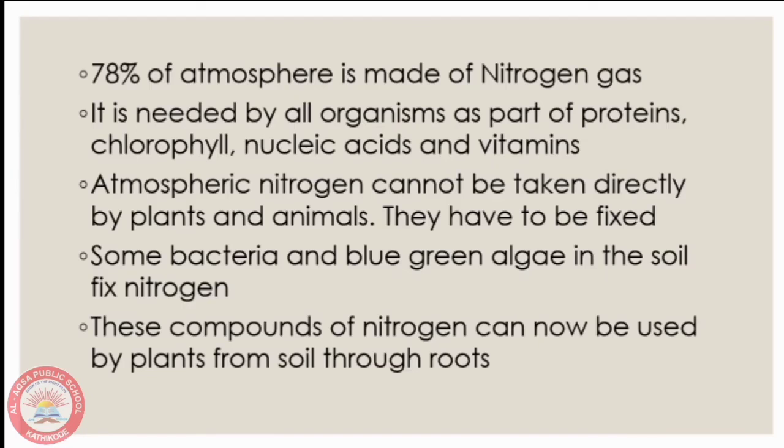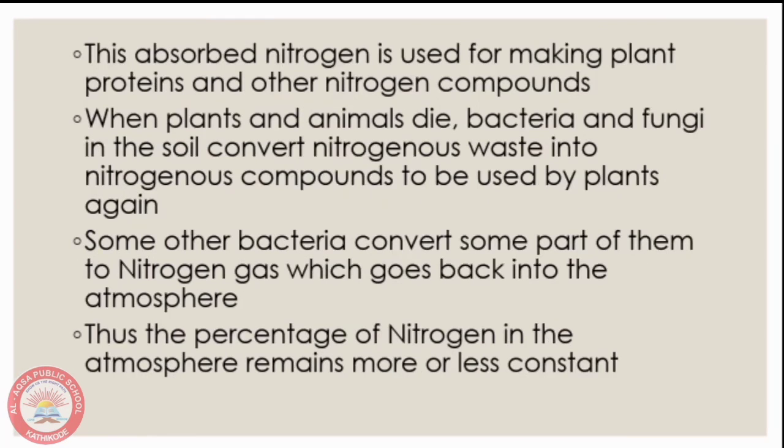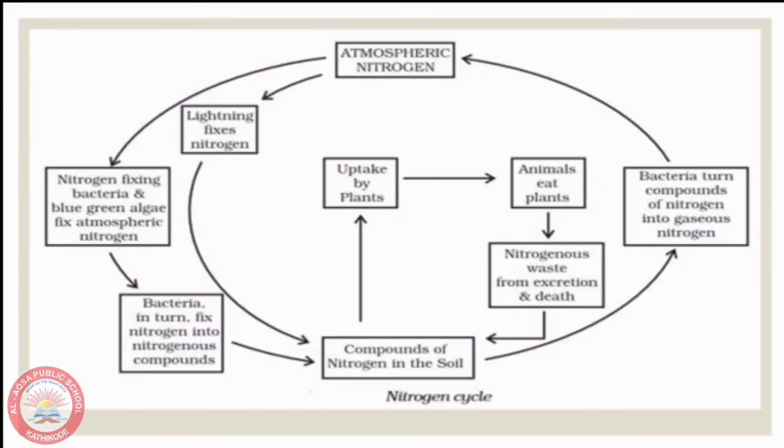This is a recap of the nitrogen cycle. Go through it. It shows the different steps in the nitrogen cycle. So, the nitrogen in the atmosphere is fixed by different methods. It is used by the plants for making proteins.